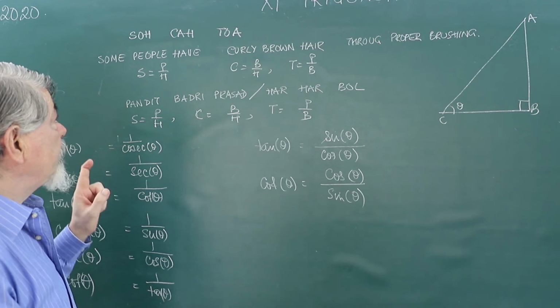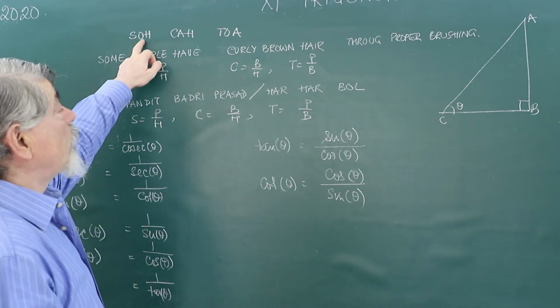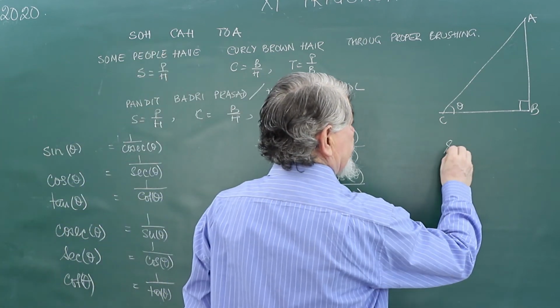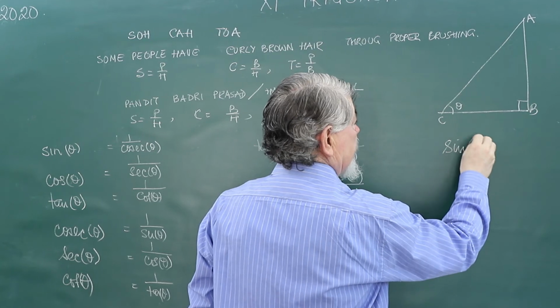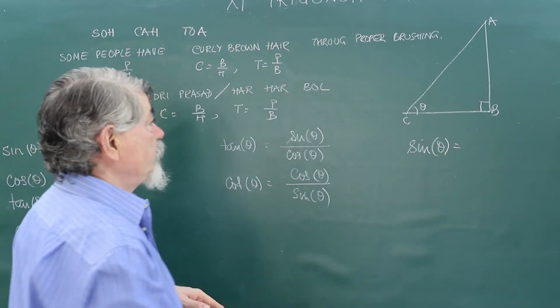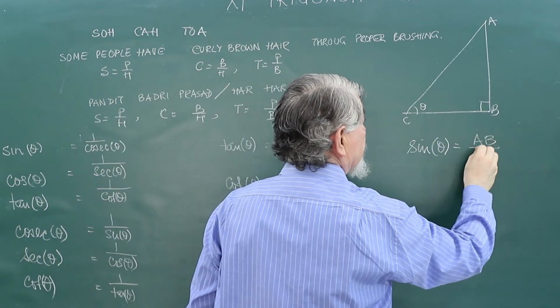So we have sine theta is perpendicular upon hypotenuse, or opposite upon hypotenuse. When I am talking of sine theta in this particular triangle, it is opposite upon hypotenuse. Opposite to theta is AB, hypotenuse is AC.